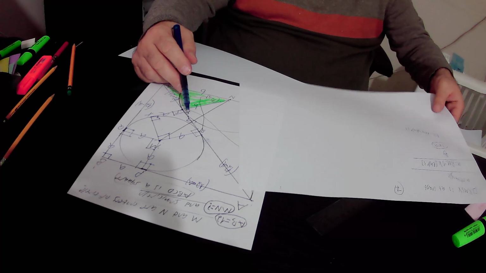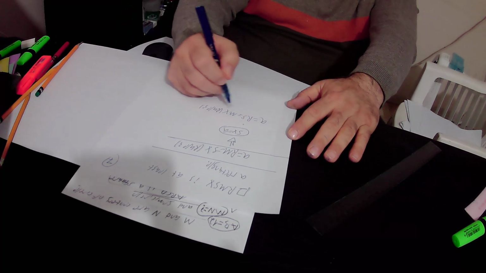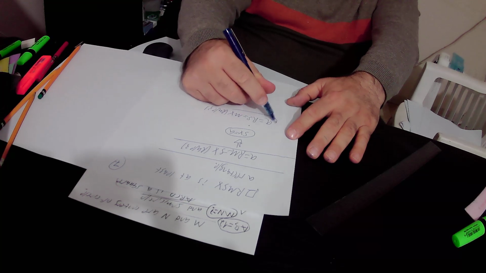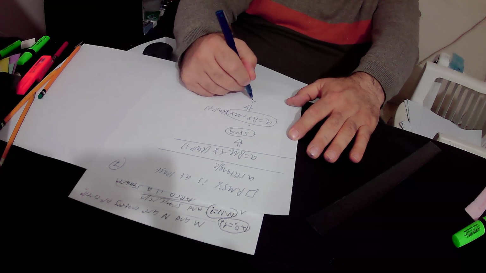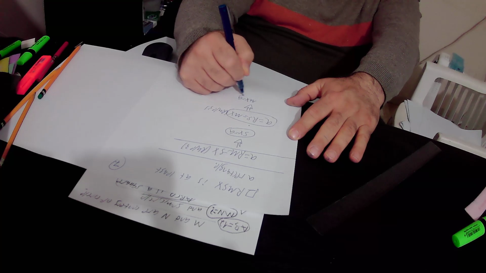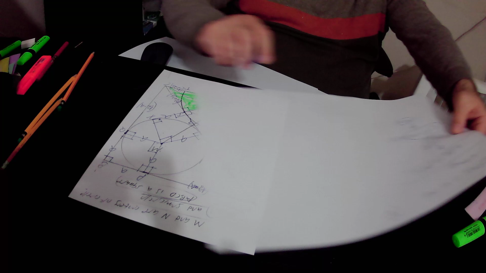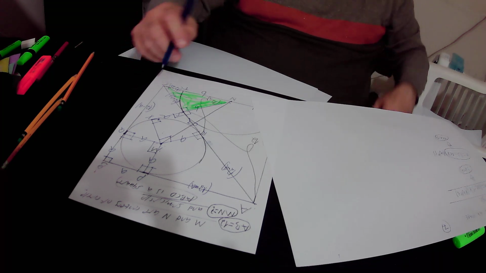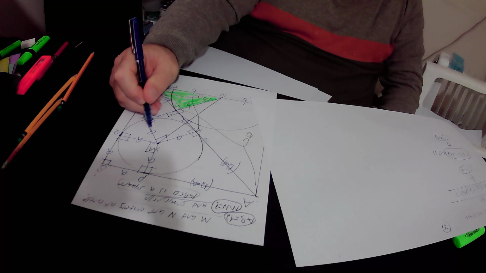But we have already found out that Rs equals A. So from this equation, A equals Rs equals Mx, we will conclude that Mx is also equal to A. Here Mx equals A.